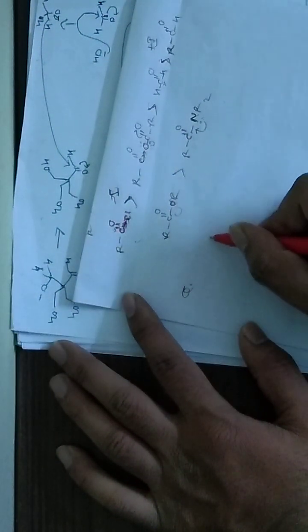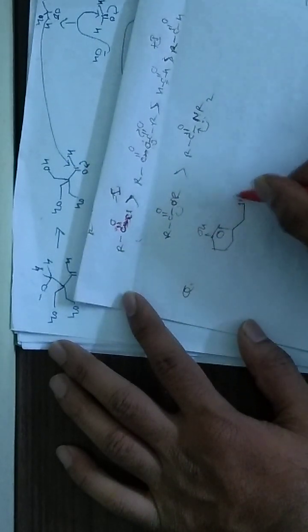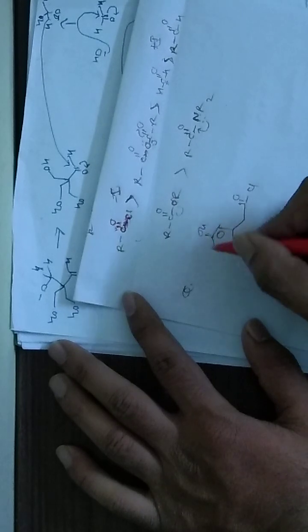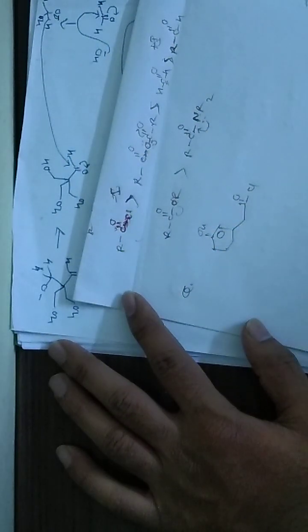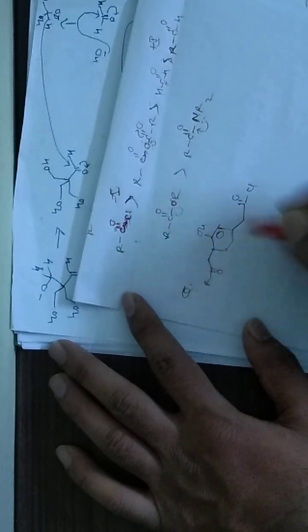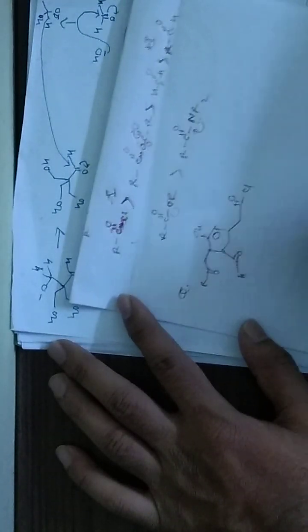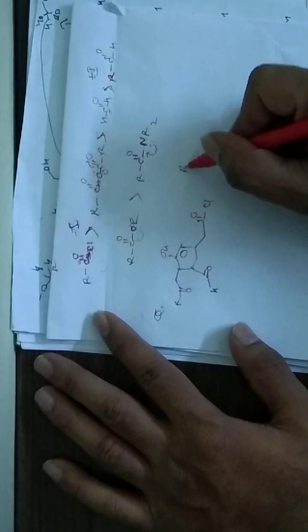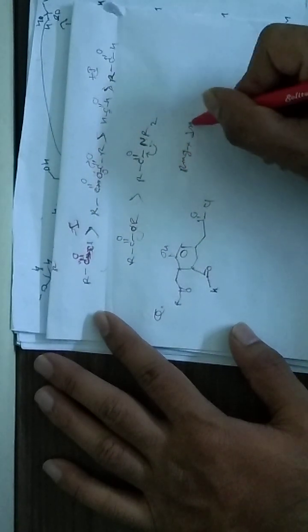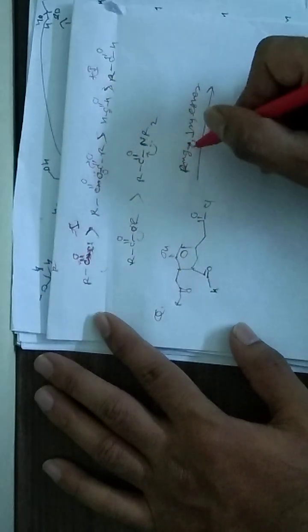Let's suppose I take one example, question 1. Here OH, let's suppose here acyl chloride, here suppose ketone, here suppose aldehyde. If I use RMgX in dry ether, this RMgX is 1 equivalent.